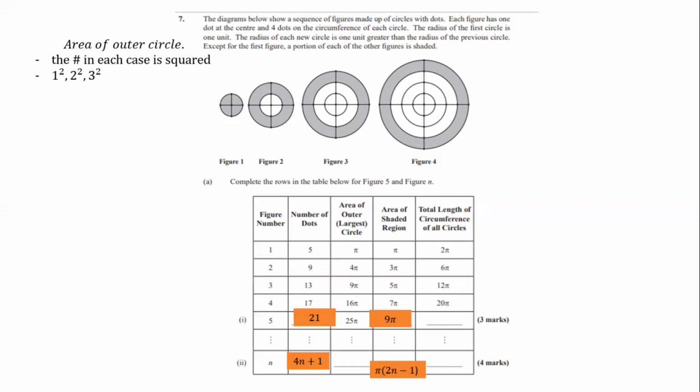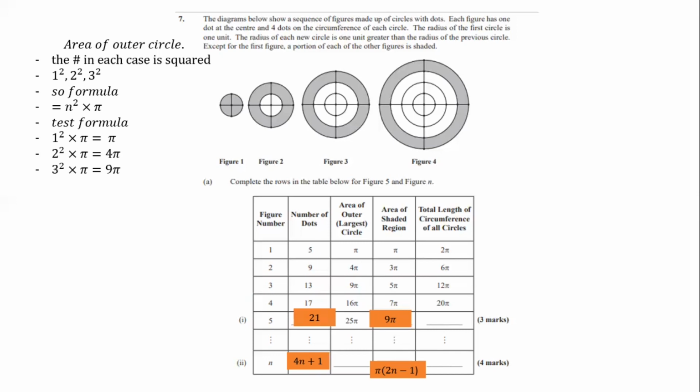So when the figure number is squared, then it is multiplied by pi, and that gives us the area of the outer circle. So therefore, our general formula is n squared multiplied by pi, but we're going to test it first to see if our theory holds true. So 1 squared multiplied by pi, 1 squared is 1, multiplied by pi gives us 1 pi or pi. 2 squared multiplied by pi, 2 squared is 4, multiplied by pi gives us 4 pi.